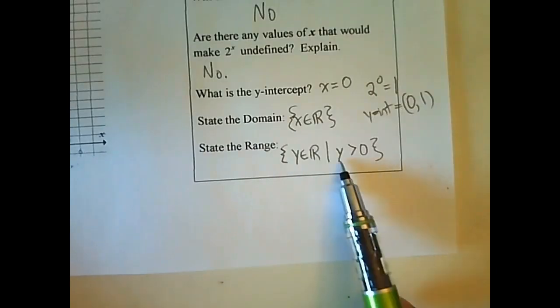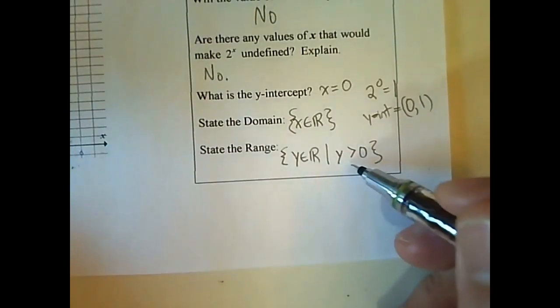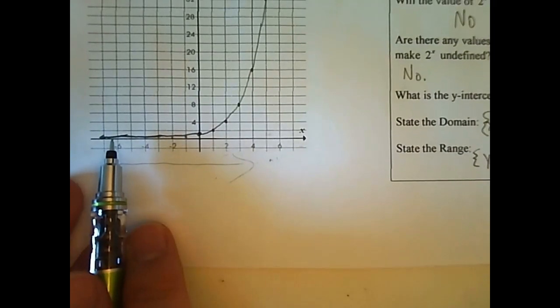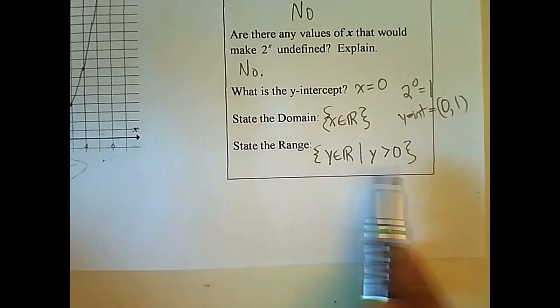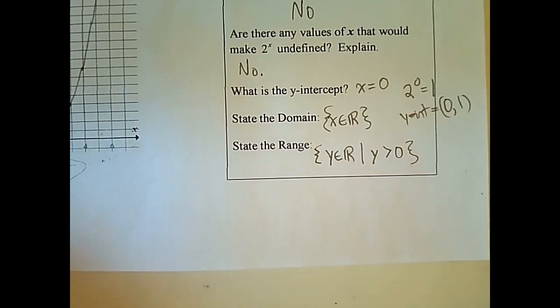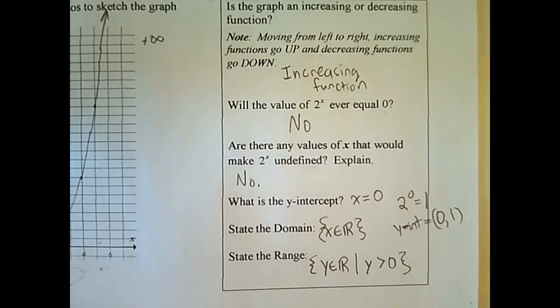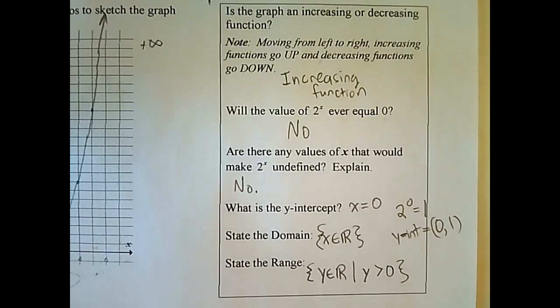Keep in mind, it's not y is greater than or equal to 0. There's no equal sign there, because y is never going to be 0. It's never going to reach the 0, so it cannot be equal to 0. So the y values are always greater than 0. So those are some properties of this exponential function.